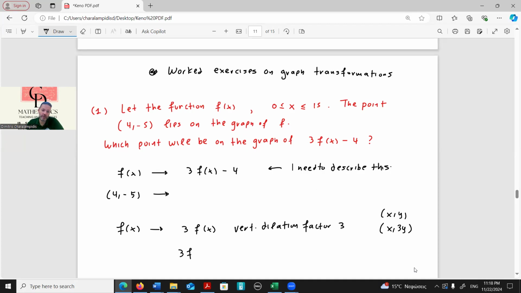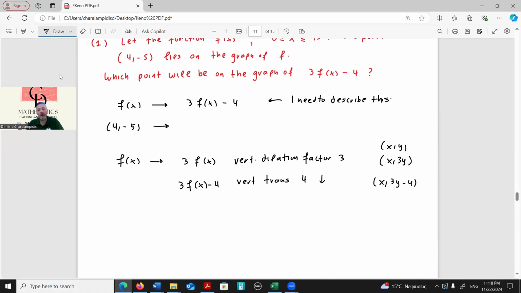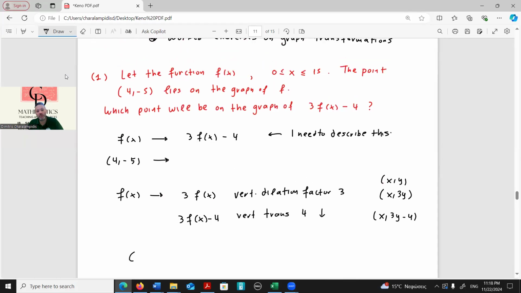Then we include the minus 4, which is a vertical translation 4 units downwards, so we take 4 out of the y coordinate, from 3y, which leads to x, 3y minus 4.